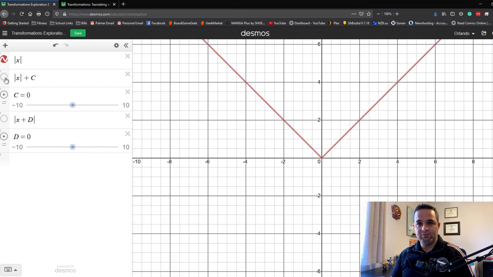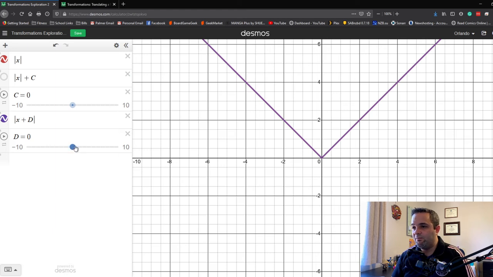All right, what about D? So now let's look at D, again our purple graph. Now, we saw that with the quadratic, if it's positive, it's going to move to the left. It's going to do the opposite of what I expect. So let's see if it does the same thing here. If I make D positive 1, I'm expecting the graph should move to the left 1 unit.